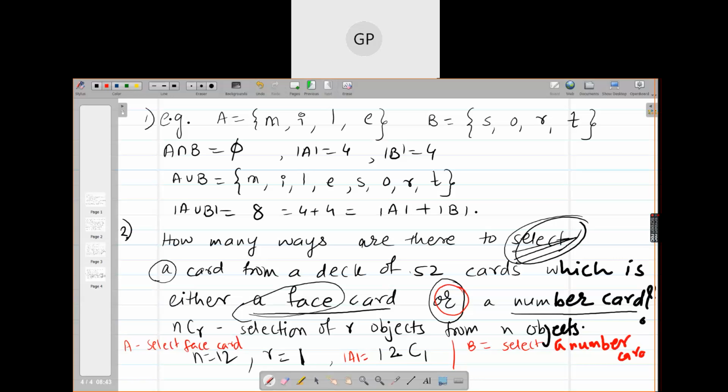तो देर आर 4 सूट्स: क्लब, स्पेड, हार्ट एंड डायमंड. Okay, and every suit contains how many number cards? 1 to 10. And there are 4 suits, so there are 40 number cards, and you are selecting again one. So that can be done in how many ways? Mod B is equal to 40C1 ways. Correct?